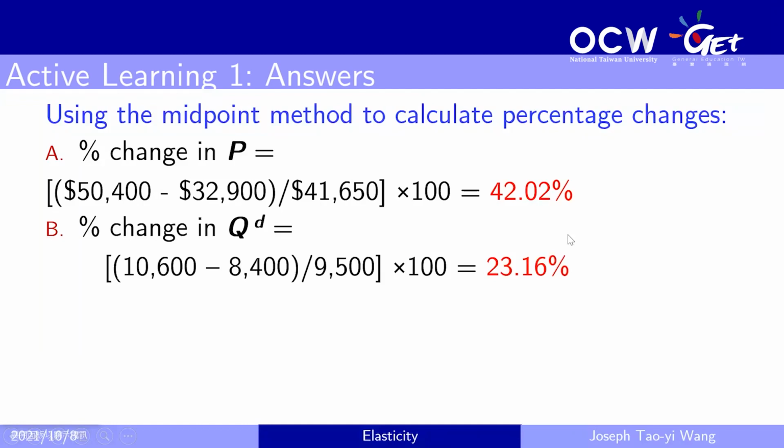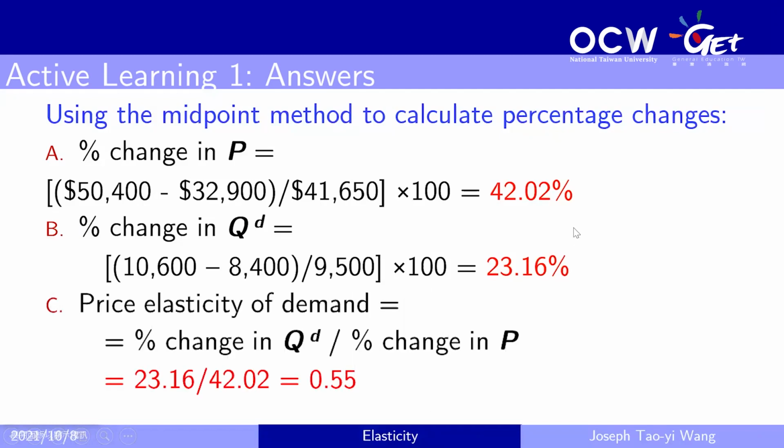Okay, percentage change in quantity demanded. The endpoint is 10,600. The starting point is 8,400. You take the difference, and then you divide that by the midpoint, which is 9,500. So it's 23.16%. Finally, the price elasticity of demand is the percentage change of quantity demanded divided by the percentage change in prices.